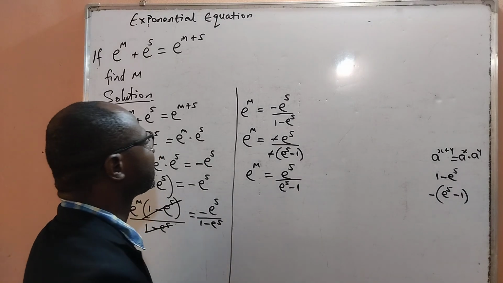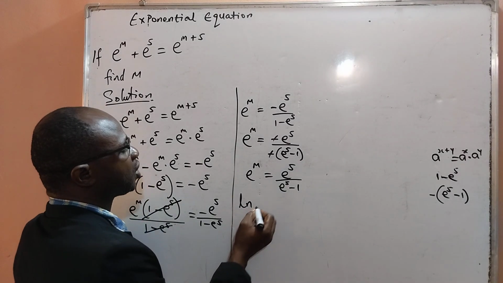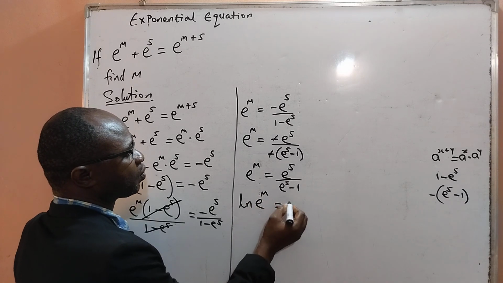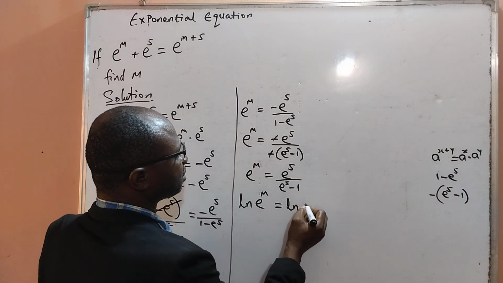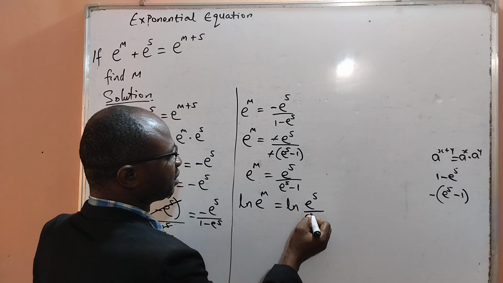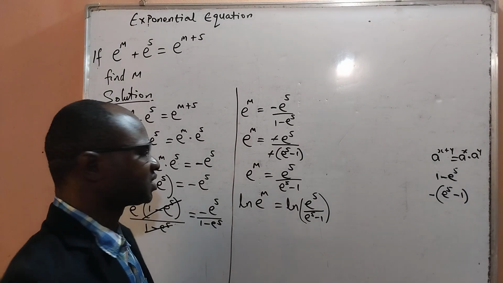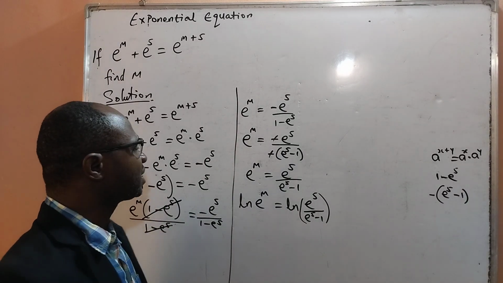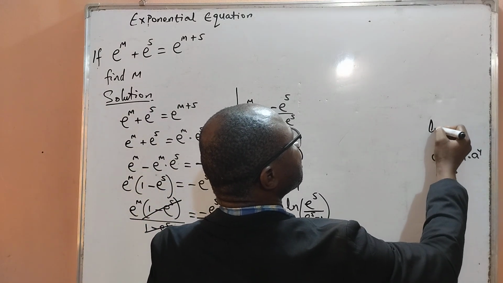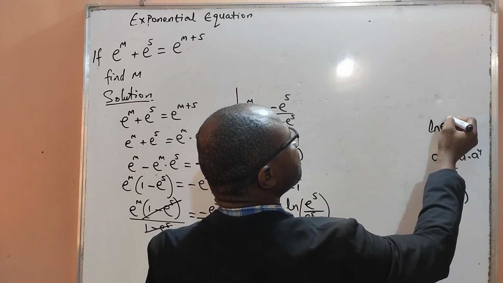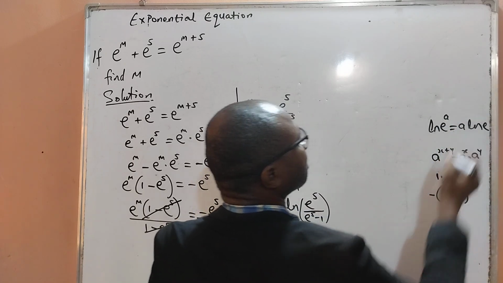From this point, I can take the natural logarithm of both sides. That means I will take the ln of e raised to the power n equal to the natural logarithm of e raised to the power 5 all over e raised to the power 5 minus 1. So I'm taking ln to both sides. When that happens, by the law of logarithms, if I have ln e raised to the power a, it is equal to a ln e.